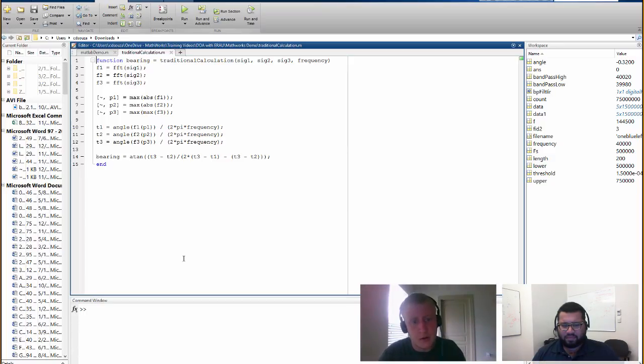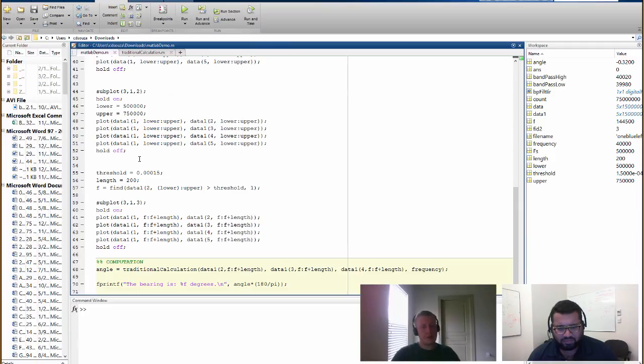We've converted it to time, which is directly correlated to phase, so those ratios are equal. And we evaluate that equation that you saw on the slides, and we return that bearing out of the function. For purposes of the demonstration, we convert it to degrees, so it's just nice to see, and format it into a print.